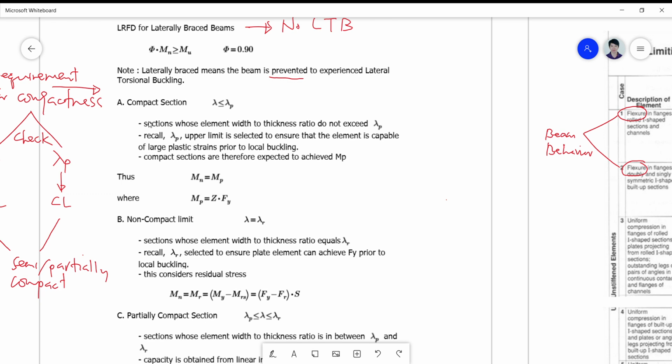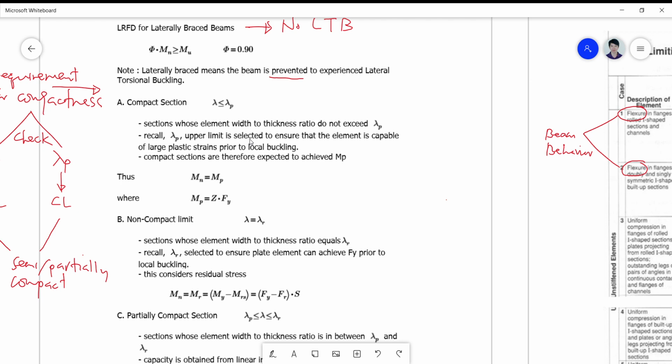So these are now the conditions that sections must have their width to thickness ratio not exceeding lambda sub p. And if we recall, lambda sub p is simply the upper limit into which your section is selected to ensure that the element is capable of very large plastic strains prior to local buckling.